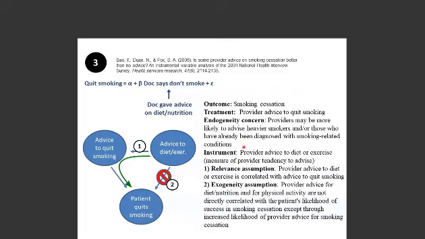The authors instrument for this endogenous variable using provider advice to diet or to exercise. And this is essentially supposed to capture a measure of provider tendency to advise. The relevance assumption that's being made here is that provider advice to diet or exercise is correlated with the advice to quit smoking, but that provider advice for diet, nutrition, and for physical activity are not directly impacting patients to quit smoking.